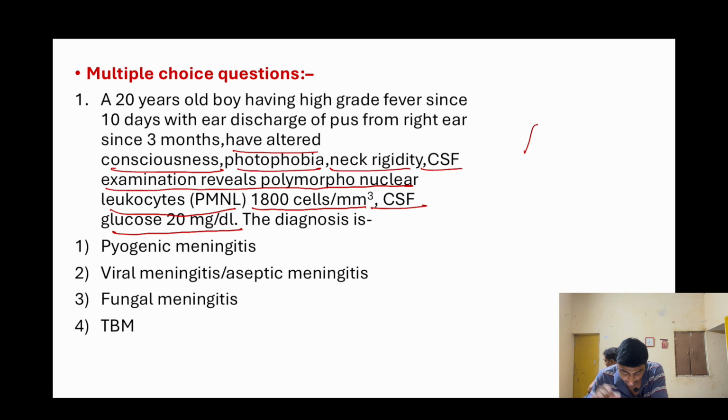Because of these symptoms, it is a case of pyogenic meningitis. As we have learned, in pyogenic meningitis the glucose level is less than 40 milligram per deciliter, and the total leukocyte count is high, mainly neutrophils, 1000 to 5000 cells per mm cube. So option first is correct, pyogenic meningitis.